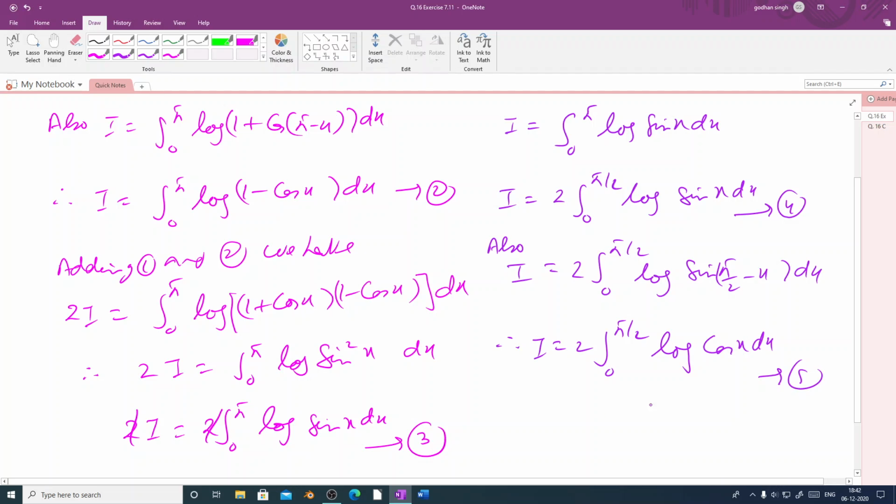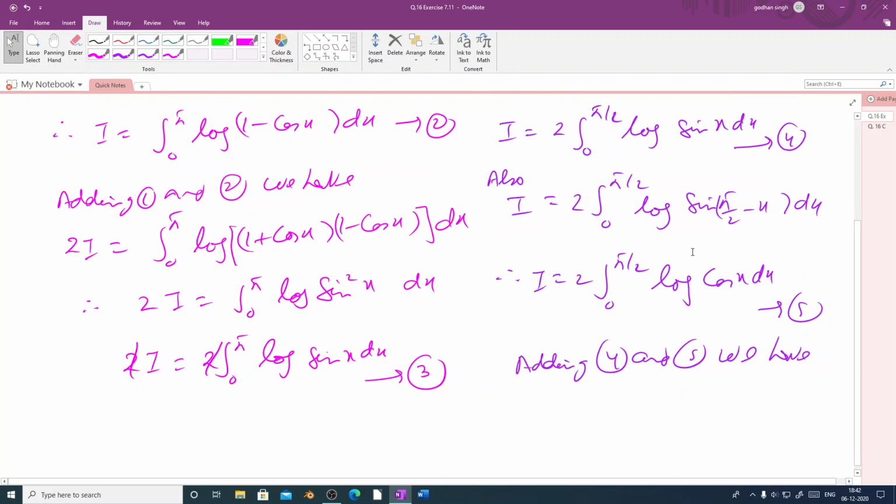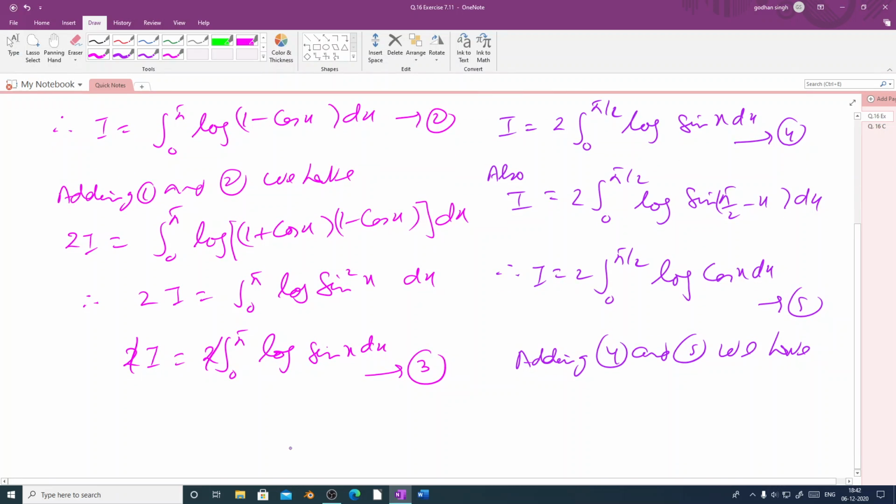Now let us add 4 and 5. On adding them, we get 2I equals 2 times the integral from 0 to pi by 2, and since log a plus log b is log(a into b), this gives log(sin x cos x) dx.